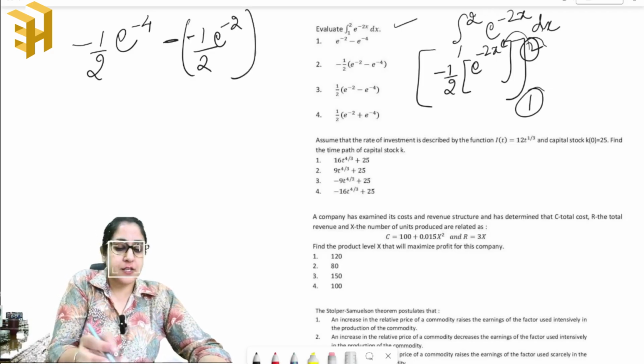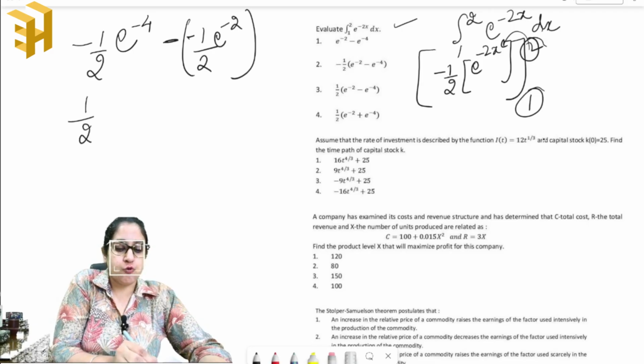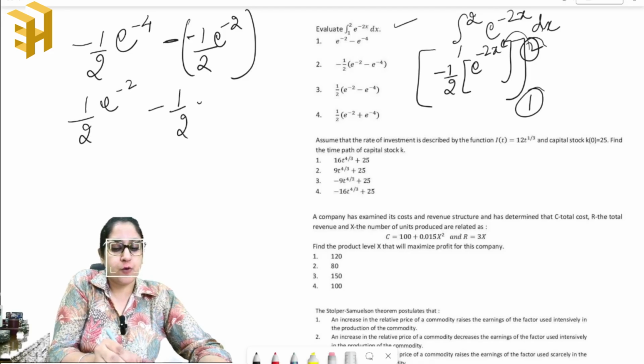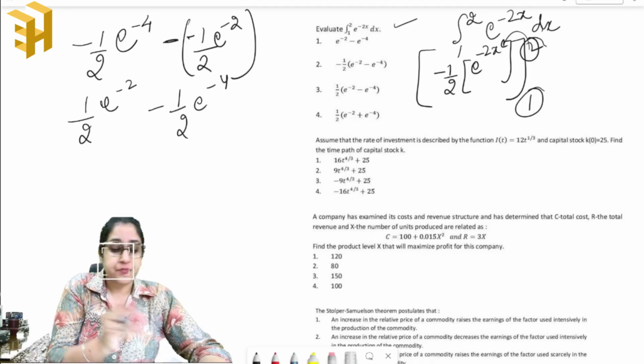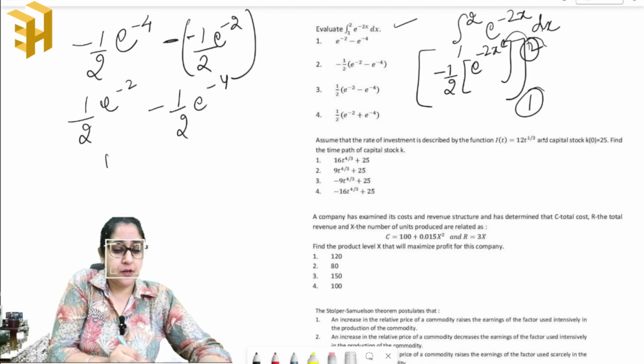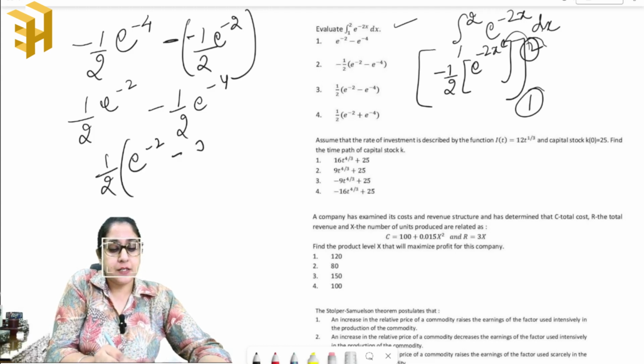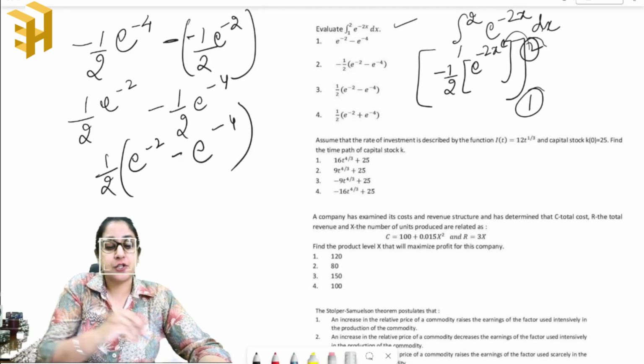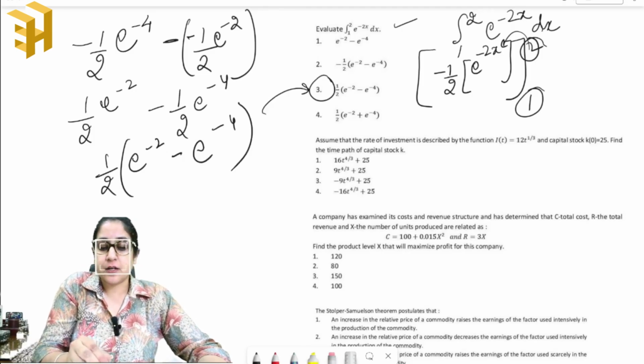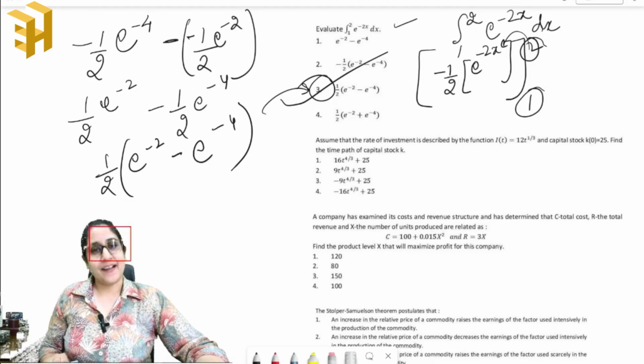When we solve this, we get 1 by 2 e raised to power minus 2 minus 1 by 2 e raised to power minus 4. Taking 1 by 2 common, we have e raised to power minus 2 minus e raised to power minus 4, which makes third as a right answer.